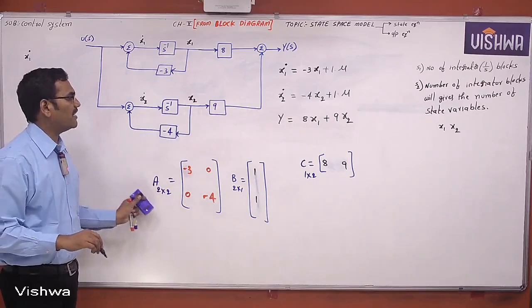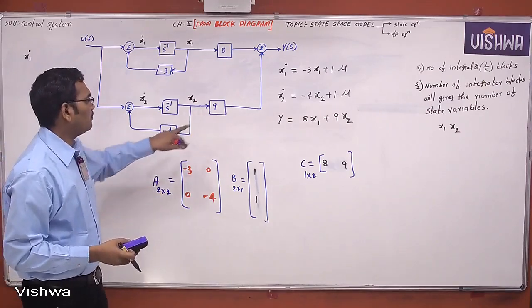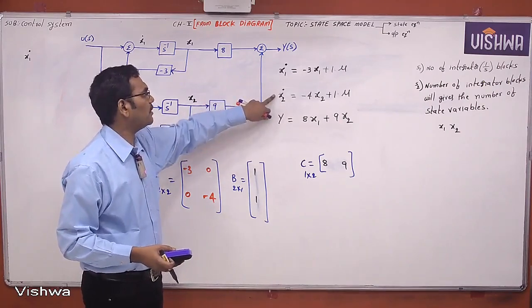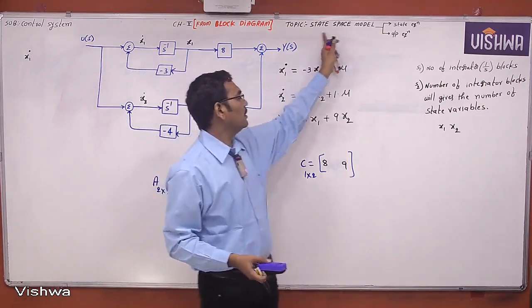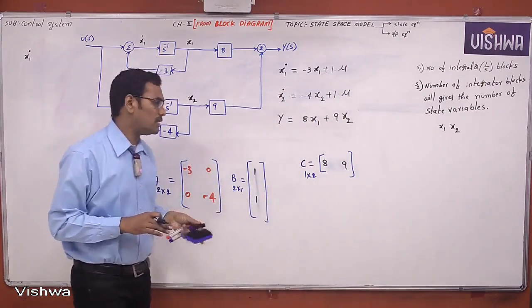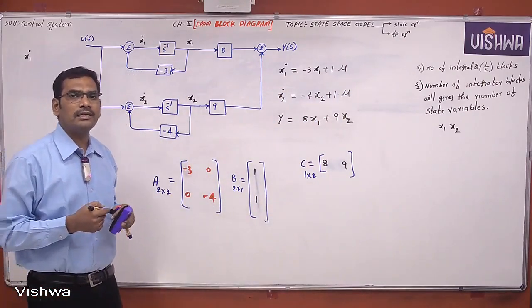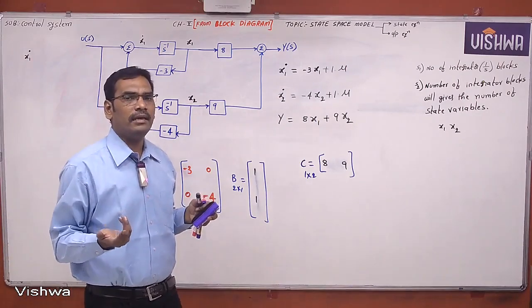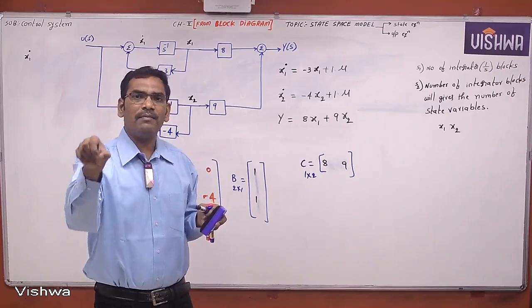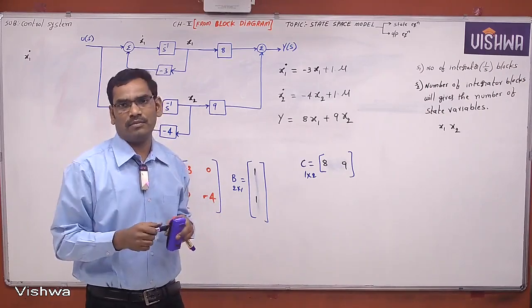Now this is the state space model. This is the state equation and this is the output equation. The state space model consists of the state equation and output equation. Don't write the matrix form, you write the equations. Options are already available in the exam. Once the equations are available, based on that you pick the correct option.